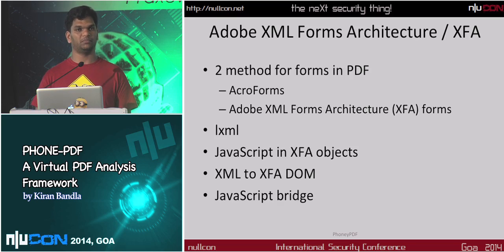So the parser, when it parses out the raw objects, extracts even XFA objects, and it parses them, it extracts any XML inside them, and if that XML has JavaScript inside, it'll execute the JavaScript inside the same context. So when you have a pure JavaScript object and an XFA object, if one of them creates a variable in the context, it can be accessed from the other, which is pretty cool.